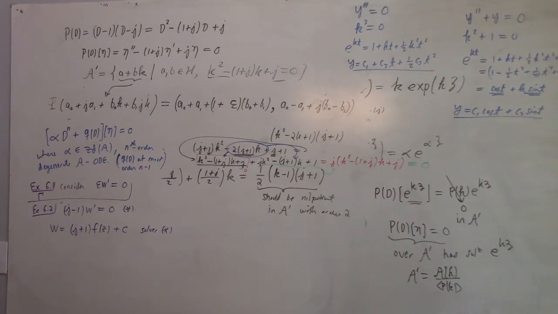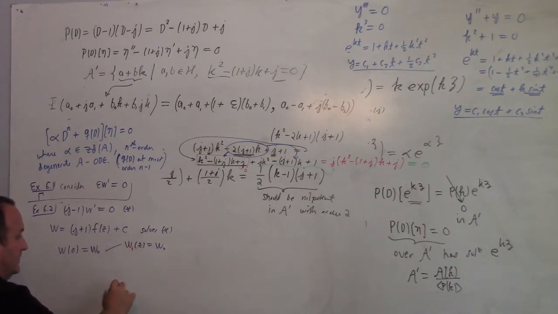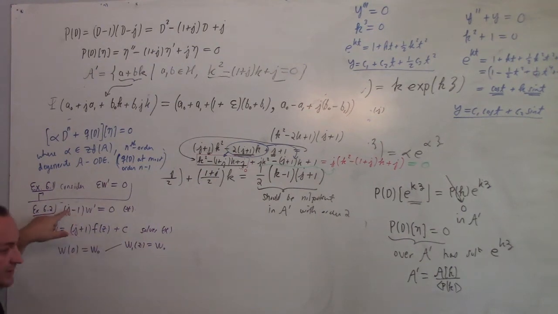So I said if you look at w of 0 equal to w naught, then you can fit that with a constant solution. So you can solve this initial condition with w1 of z just equal to w naught. So that constant solution solves this problem, right?